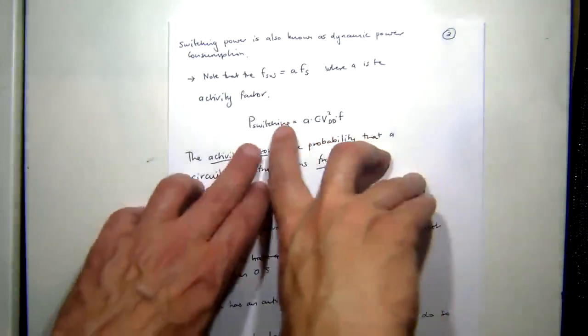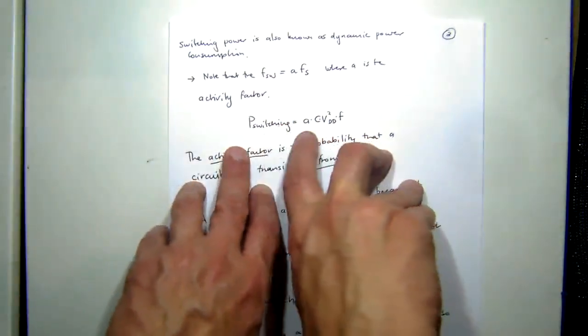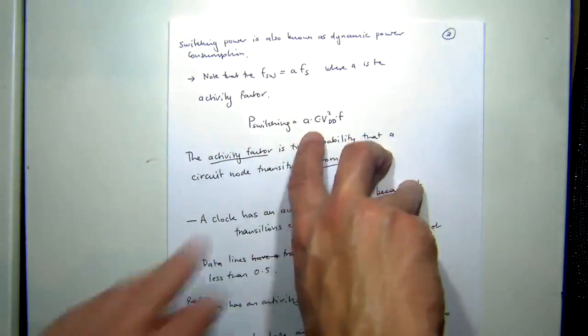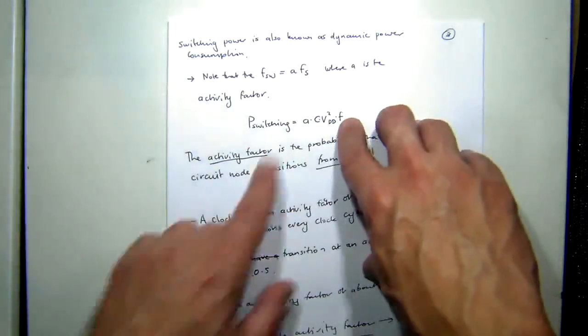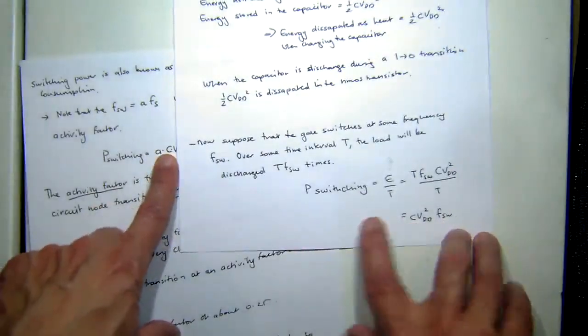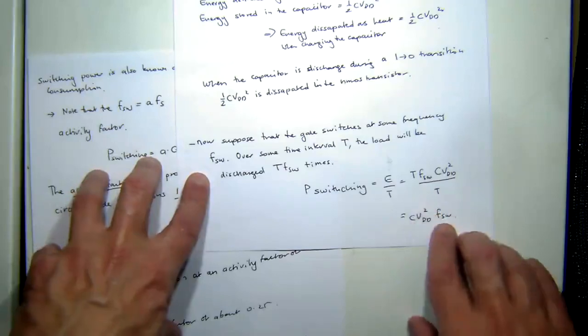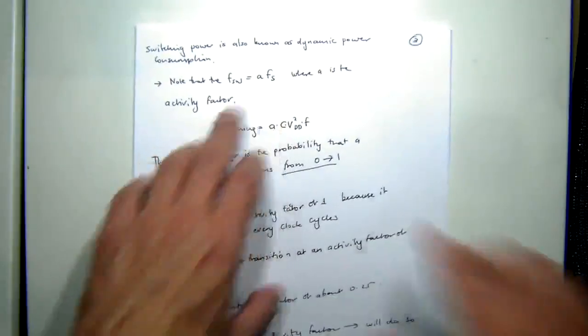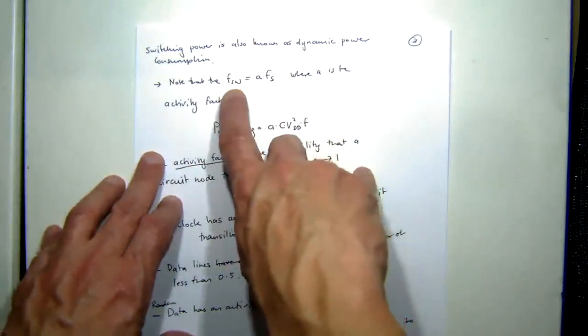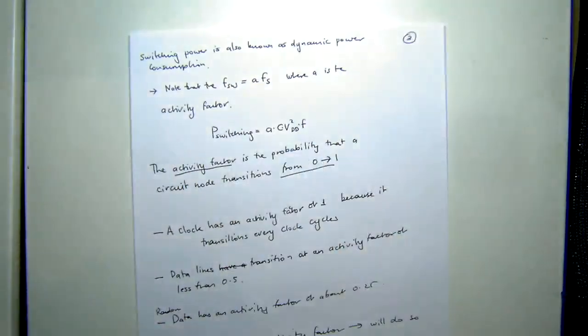So we're going to define the power as equal to A, an activity factor, times C VDD squared times the frequency. In the past, we had the power as CV squared times the switching frequency, but here let's define the switching frequency to be A times the clock frequency.